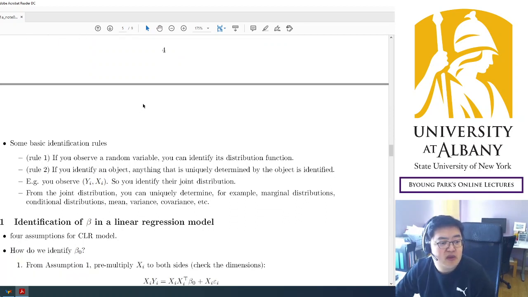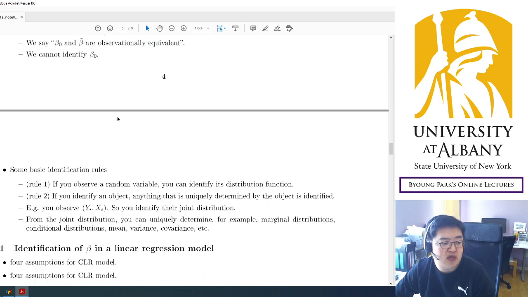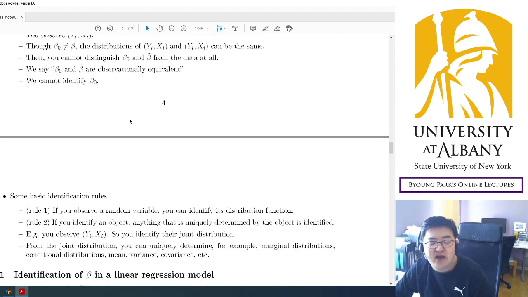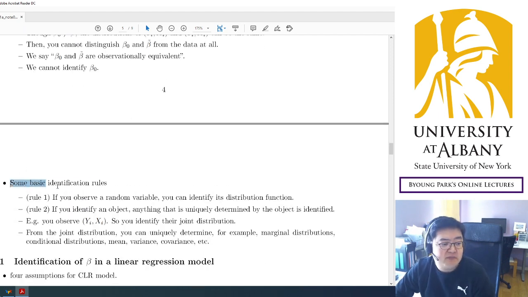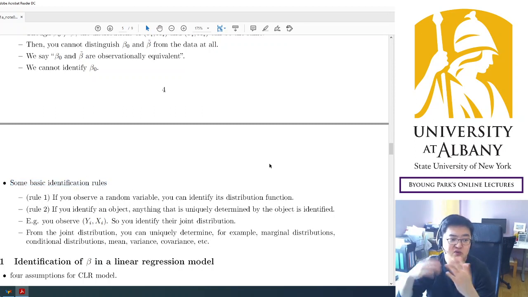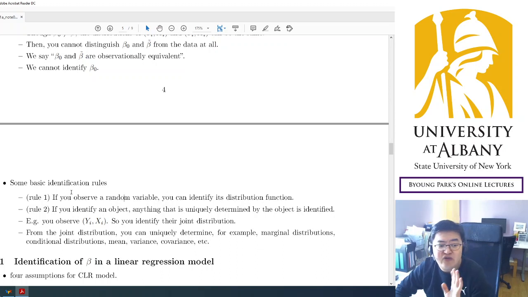So this is when we cannot identify beta. Now some basic identification rules. The simplest case we consider here is if you observe a random variable, its distribution function is automatically identified.